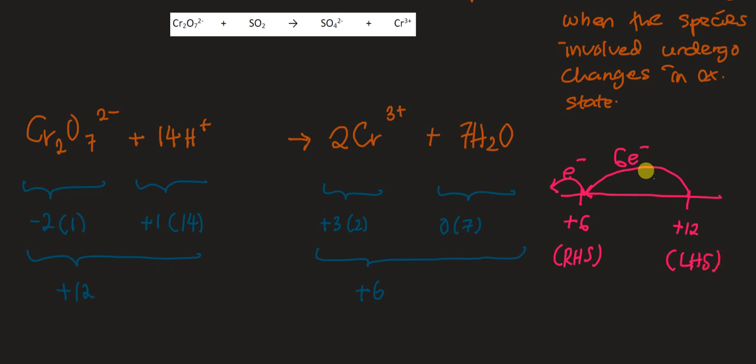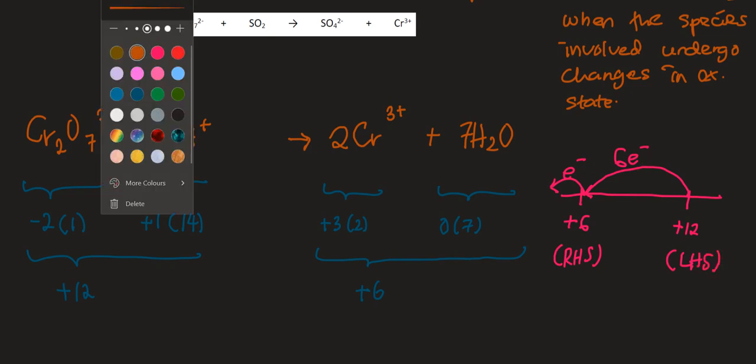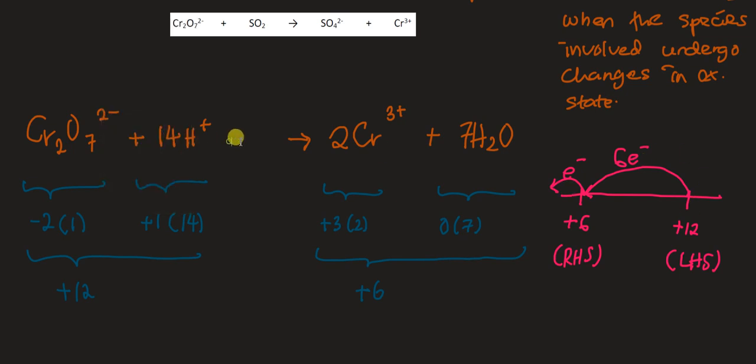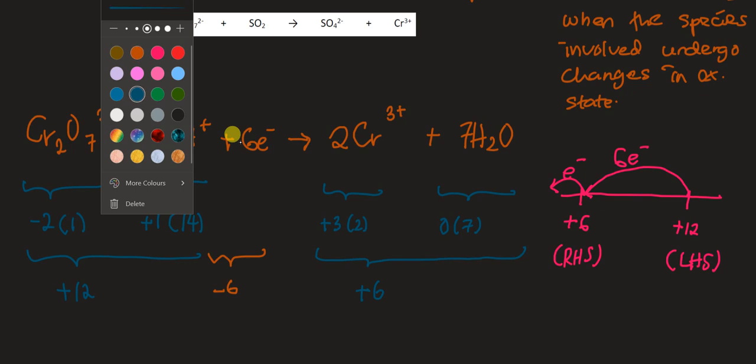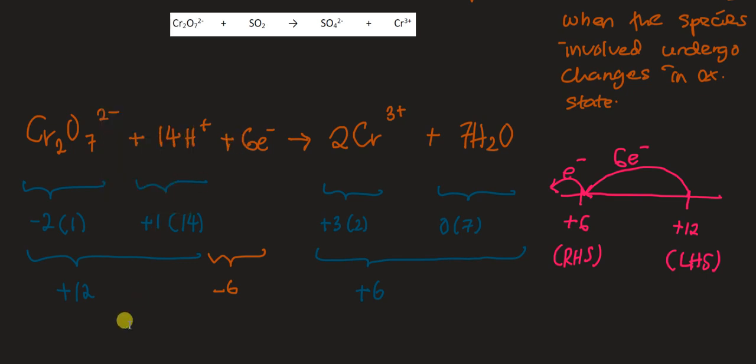So we have to add the electrons on the left hand side. We add it there, plus 6 electrons. So now the charge is -6, which brings a total of +6.